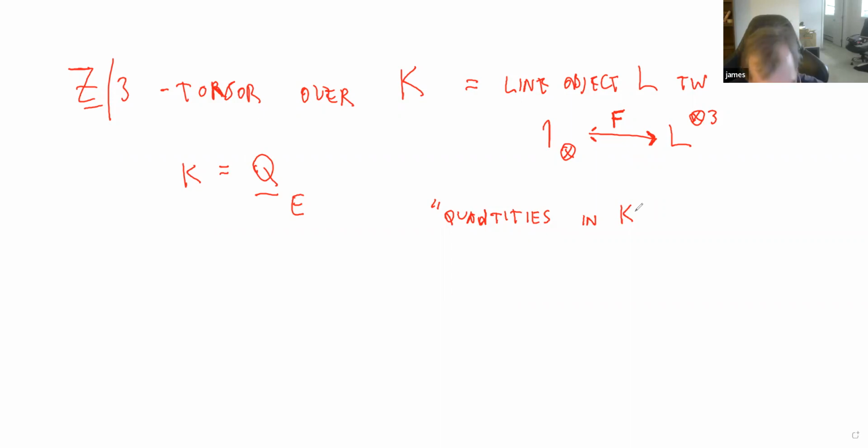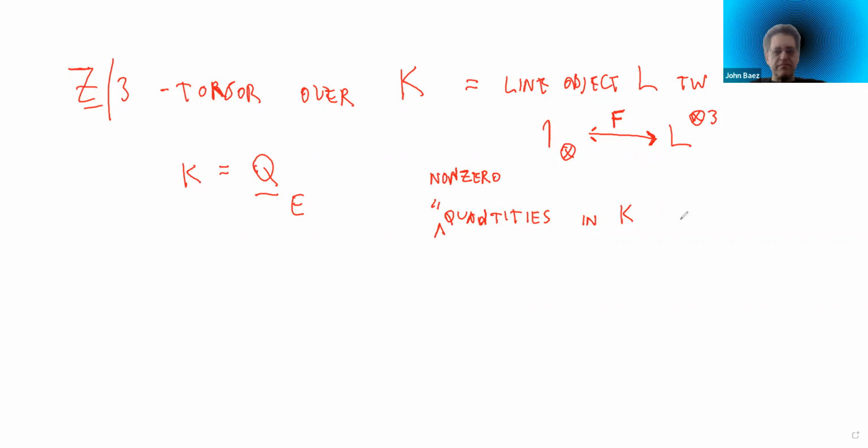Non-zero quantities in K, you know, invertible under multiplication, which is equivalent in a field, but up to, let's say, up to a cube factor.